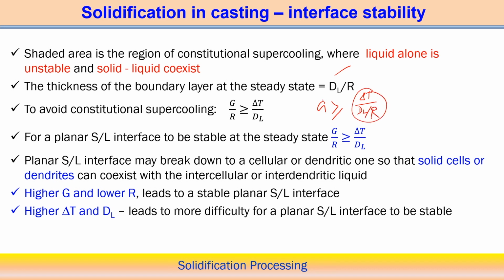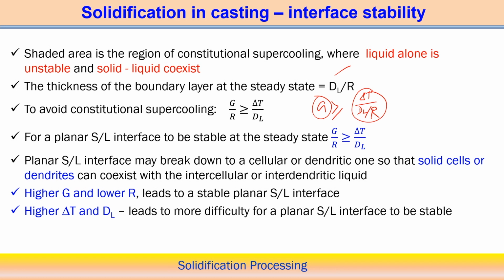This is another slope and this is the other slope, the temperature gradient. So, when there is no constitutional supercooling, G should be more than or equal to delta T by DL by R. Therefore, to avoid constitutional supercooling, G by R is at least delta T by DL, which means the planar interface will be stable at the steady state if there is no constitutional supercooling.